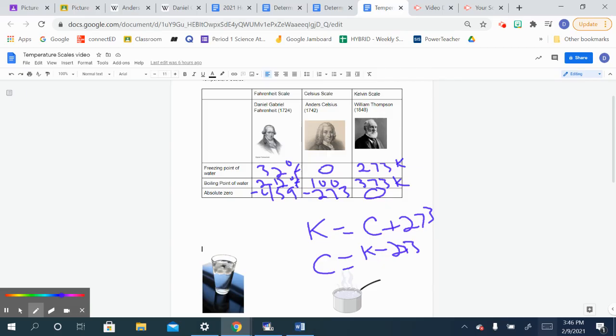And when we look at the physics of the behavior of gases, or the ideal gas law, then in order for those formulas to work for us, we need to make sure that we have our values in the Kelvin scale. In fact, it was working with gases and the science behind thermodynamics that William Thomson was able to come up with the scale.